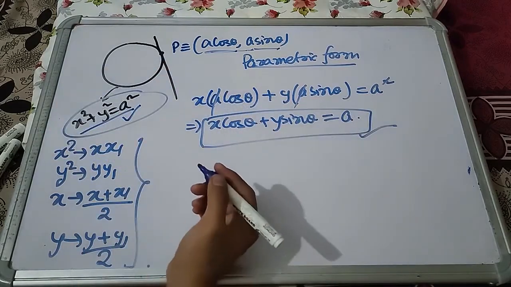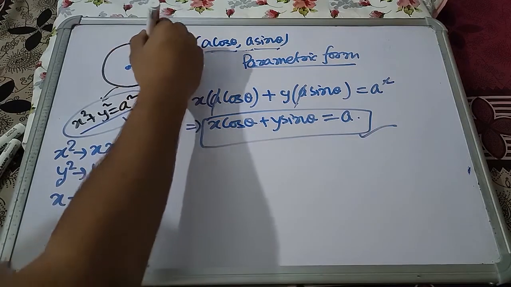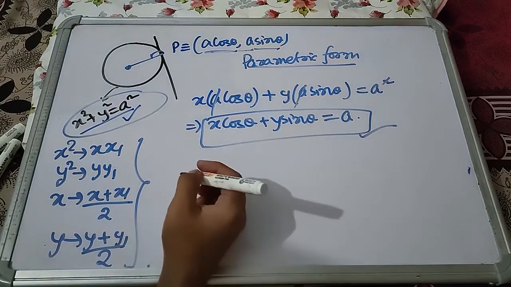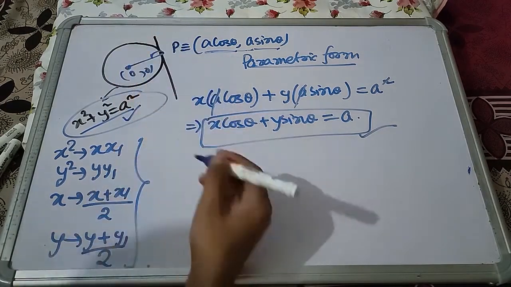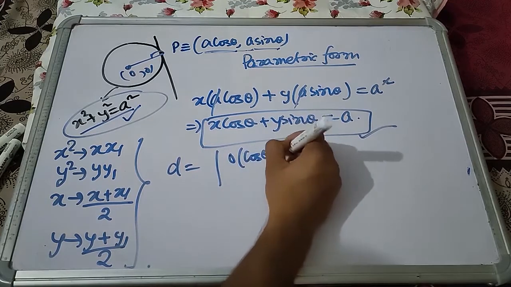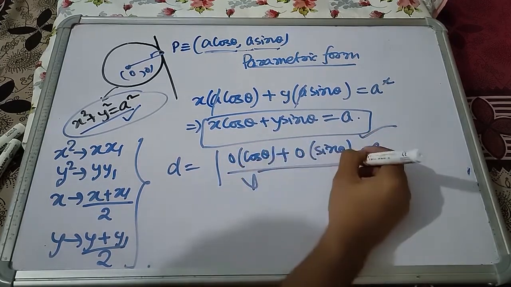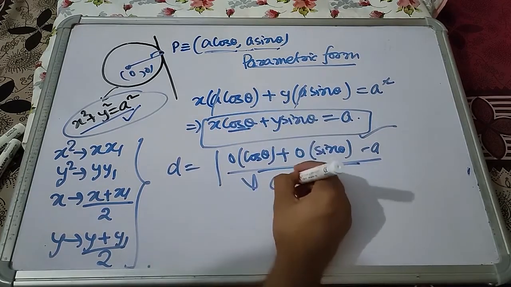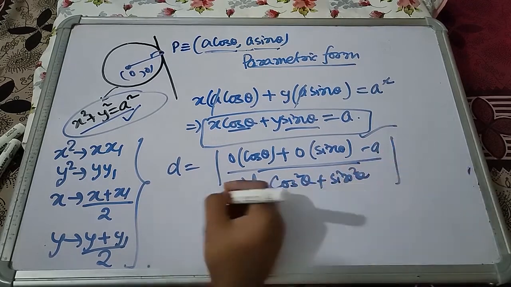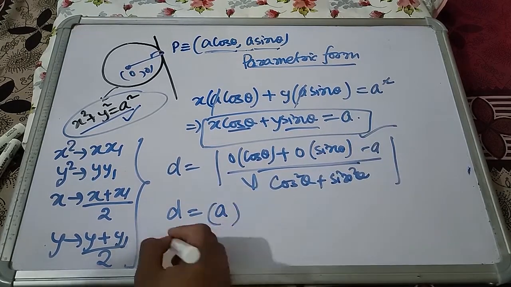You can even verify this. How can we verify? Our old standard proof: from the center, the perpendicular distance to the tangent is equal to the radius. The center is 0, 0, so the distance is 0 into cos theta plus 0 into sin theta minus a, by root under coefficient of x square plus coefficient of y square. d equals, this is 1, this is minus a, this is actually a.